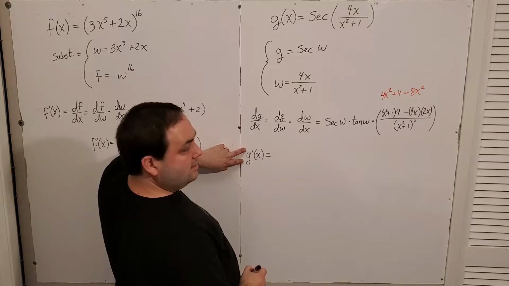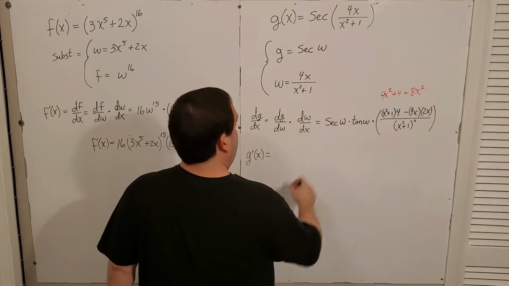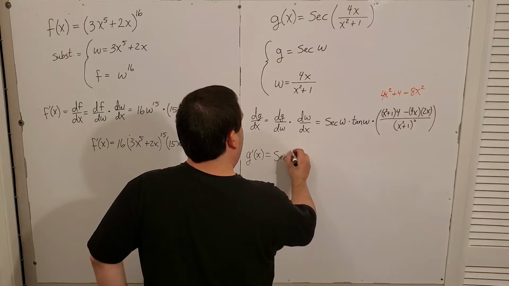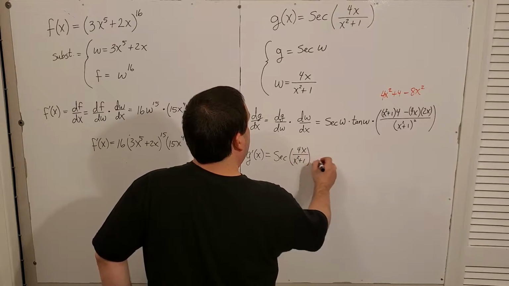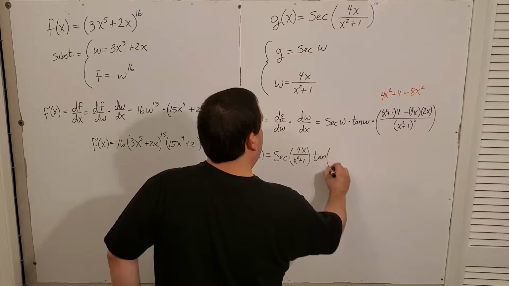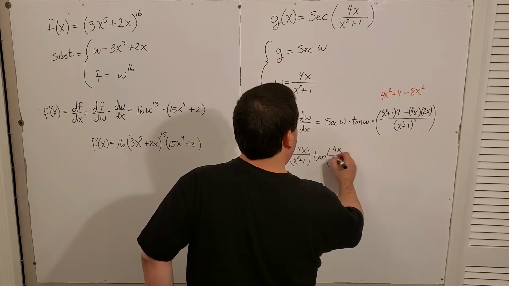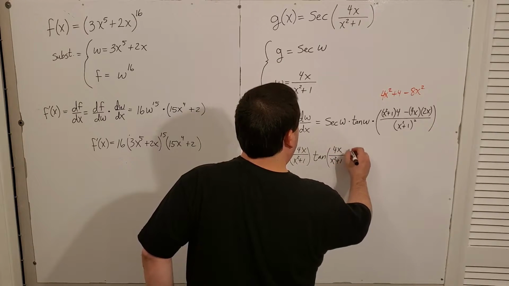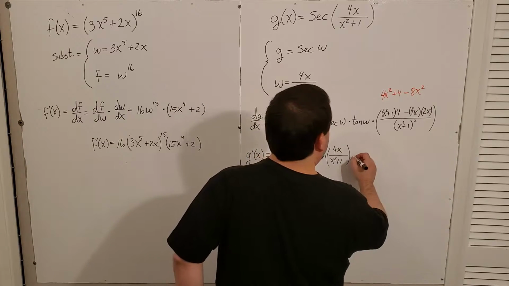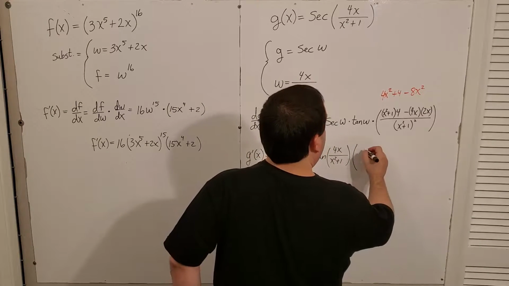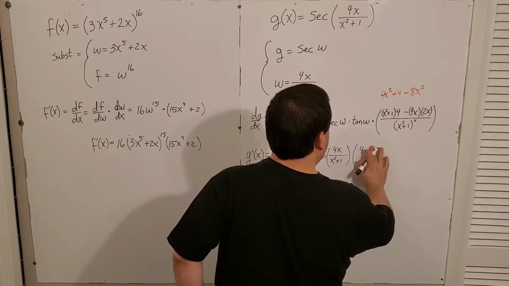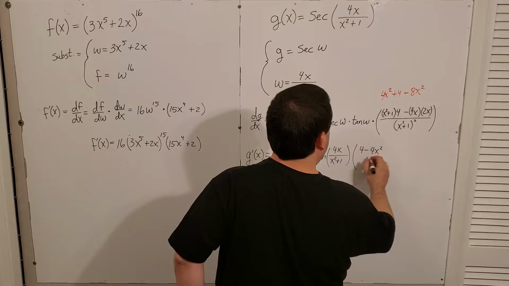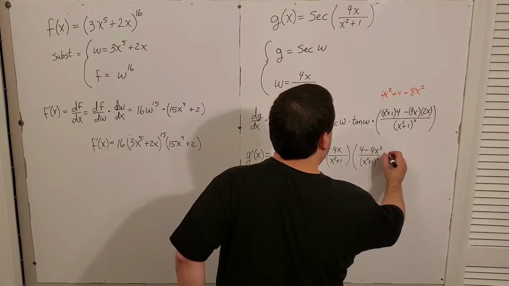That's dg dx, is equal to secant of 4x over x squared plus 1 times tangent of 4x over x squared plus 1 times, I have 4 minus 4x squared over x squared plus 1 quantity squared.